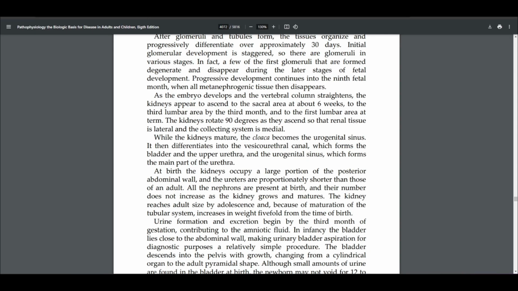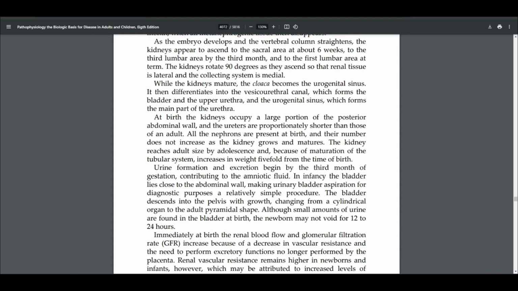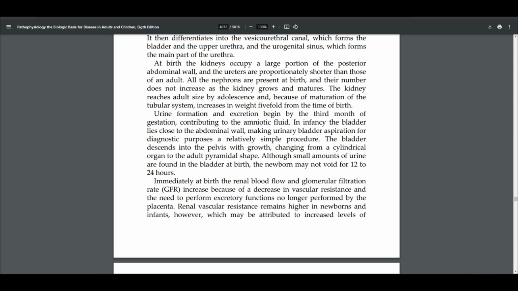While the kidneys mature, the cloaca becomes the urogenital sinus. It then differentiates into the vesico-urethral canal, which forms the bladder and the upper urethra, and the urogenital sinus, which forms the main branch of the urethra.